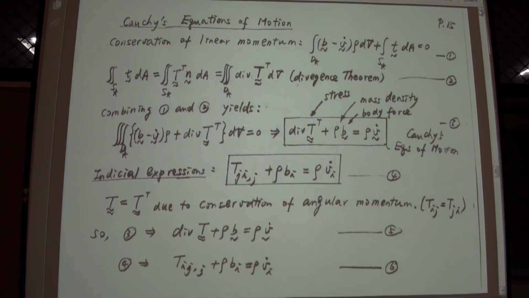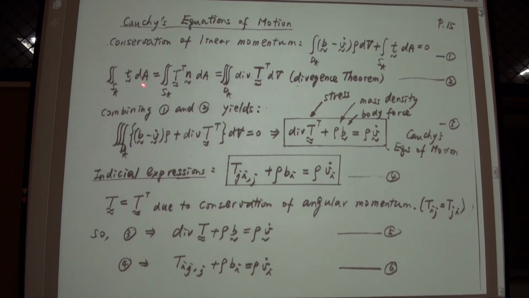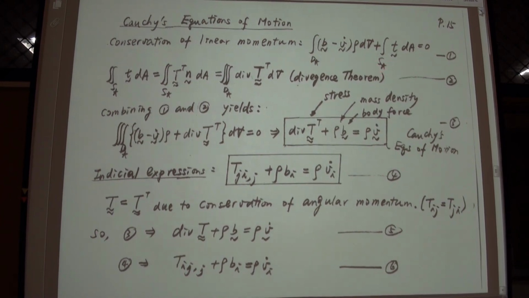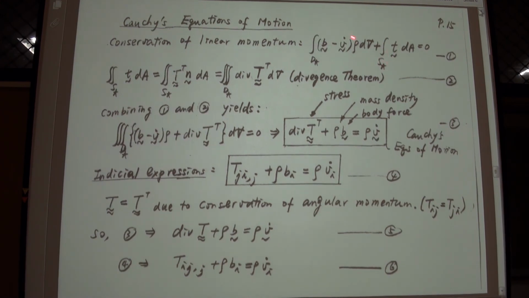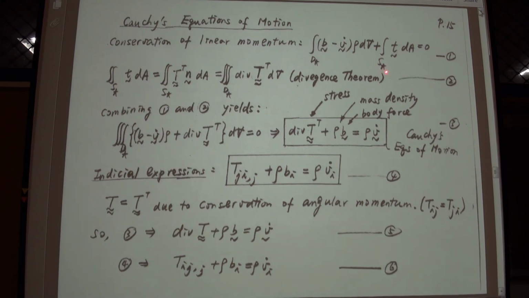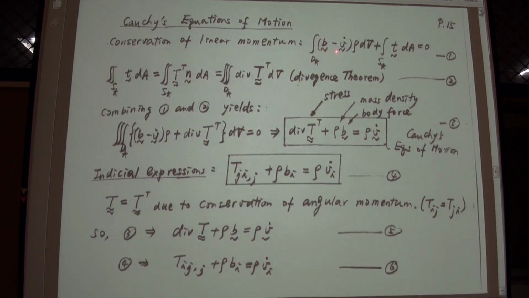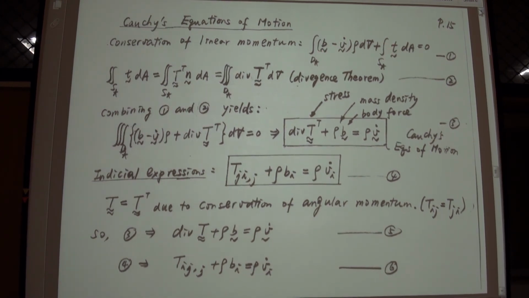Okay, what is the purpose to do this? The purpose is this. This is a surface integral, so we cannot assemble this term with these two terms because those are integrated in the body. This is on the surface. So now, if we can turn this surface integral into a body integral, then we can combine this term and this term together.